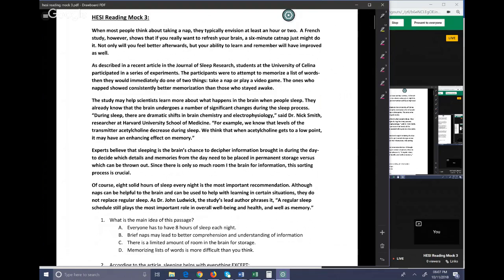That said, you should expect it to say different things, maybe be organized in a different way, maybe not. I try to keep the focuses in the same type of lineup, but when you see something that is familiar on the HESI, you will gain some time because you've read about it before, but make sure you still use your critical strategy, because due to copyrights and ethical practices in tutoring, I can give you subject matter that you're going to see, and that's perfectly okay, but I can't copy it, and I wouldn't copy it because I don't want to throw you off.